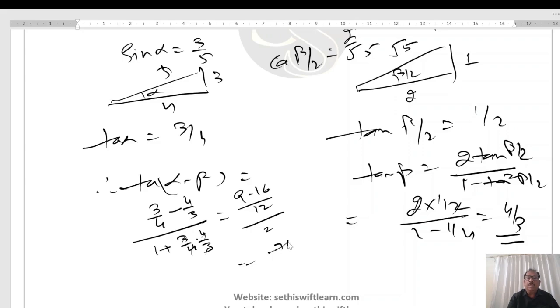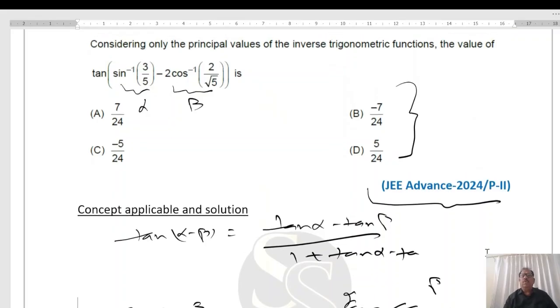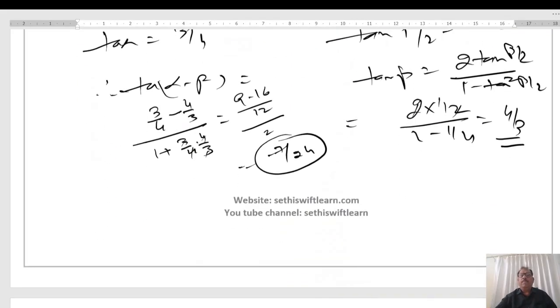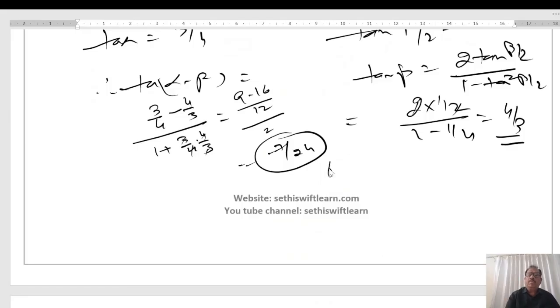So minus 7 by 24. Let's see whether the answer is given to you. B option is the correct option, right? B is the correct answer.